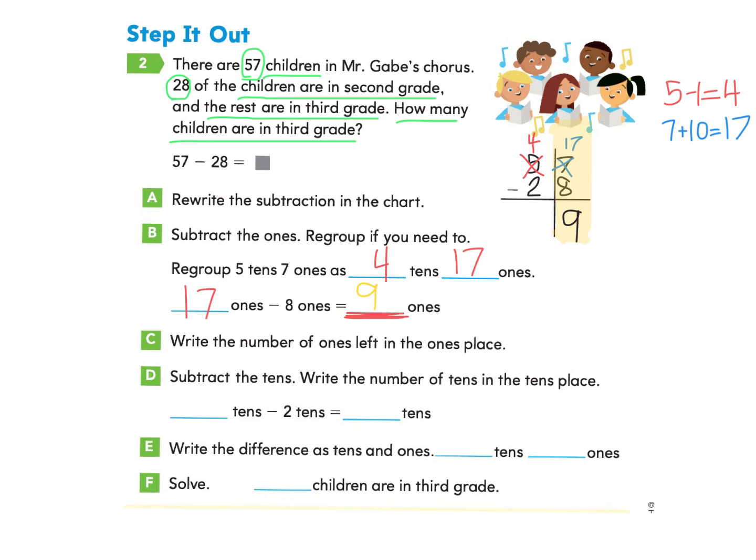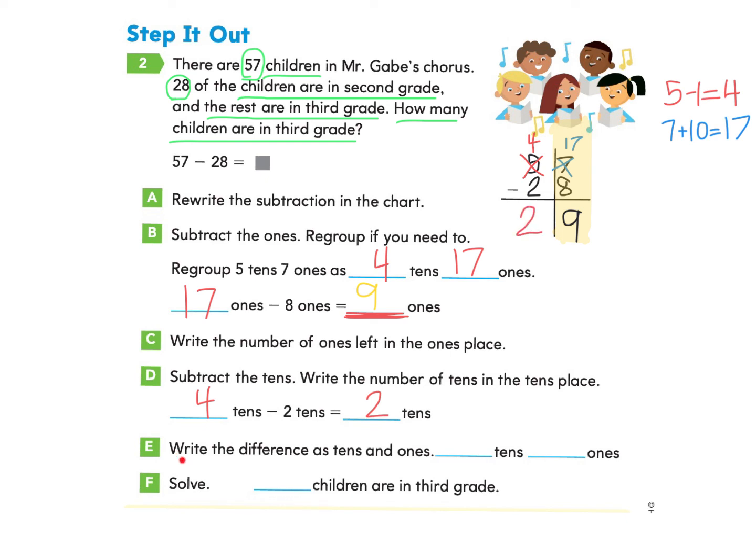All right, now we're ready for part D. Subtract the tens. Write the number of tens in the tens place, which would go here. So we have 4 tens. Subtract 2 tens. And so what we have left when we have 4 take away 2 is the number 2. And then we're going to write that in the tens column.